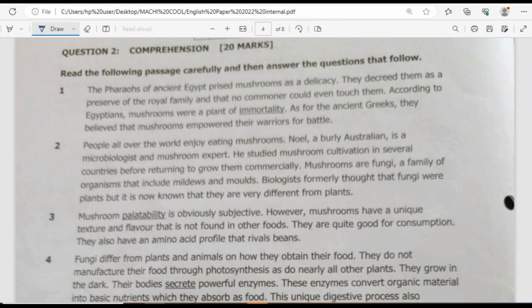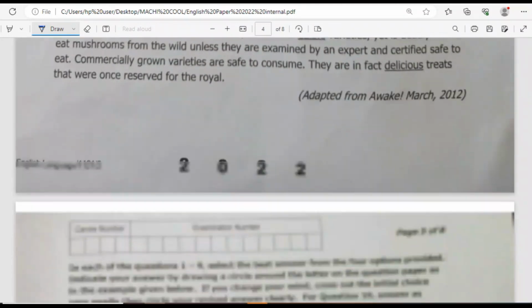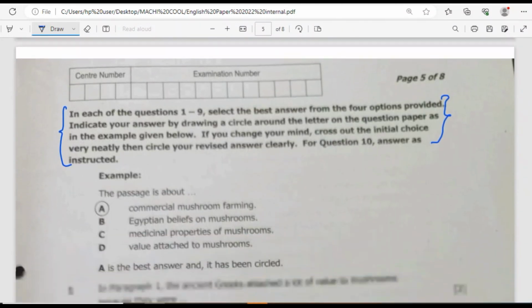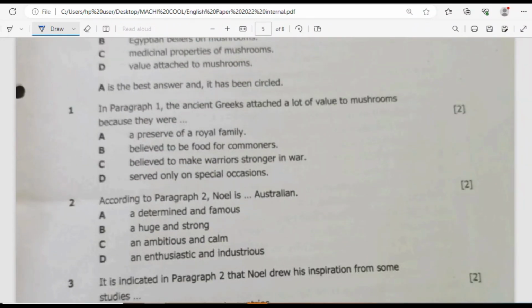According to Egyptians, mushroom were a plant of immortality. As for the ancient Greeks, they believed that mushroom empowered their warriors for battle. So let us look at the answers. A preserve of a royal family, okay.